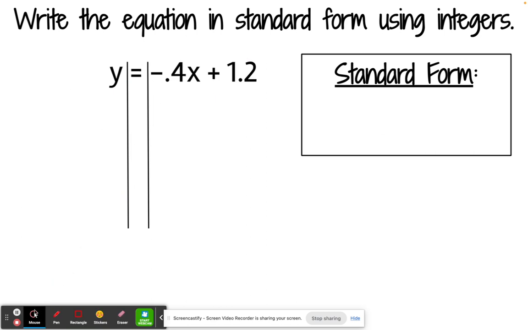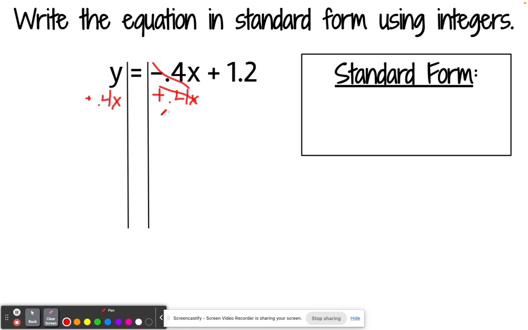Okay, let's look at this one. Need to move my x over here. I don't have any numbers over here, so I just need to add 0.4x to both sides. This cancels out.